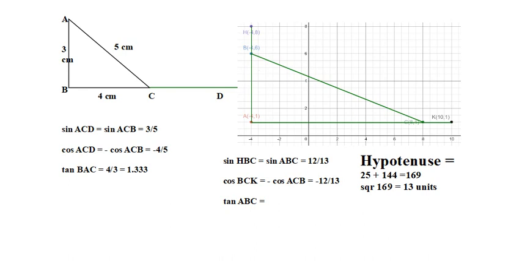So the opposite will be this one, and the adjacent will be this one. This side. So it's going to be 12 over 5. It's going to be 2.4.